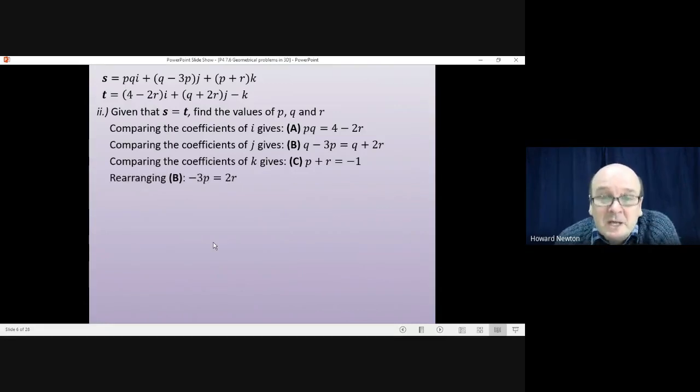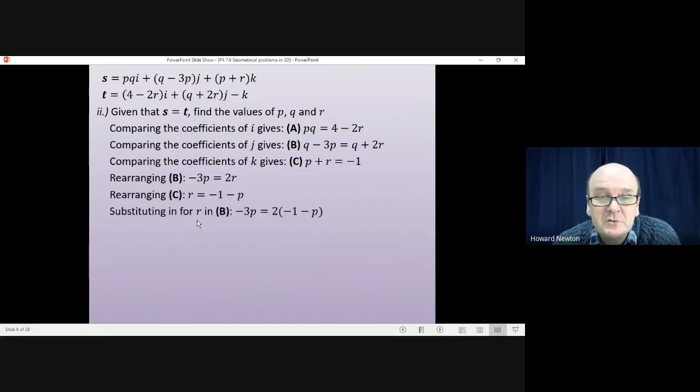Now we've just got a set of 3 simultaneous equations here that you can solve by any method you like. What I'll do is rearrange B to get that, then rearrange C to find r, and then I'll substitute it into equation B, which gives me -3p = 2(-1 - p). Multiplying out the brackets will give me that, and solving that equation gives me p is equal to 2.